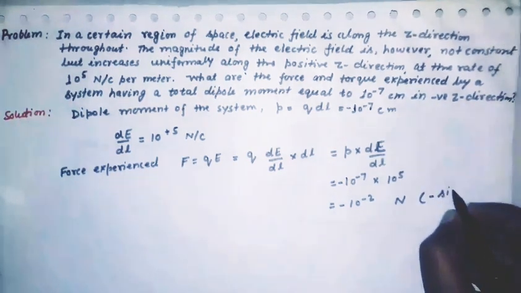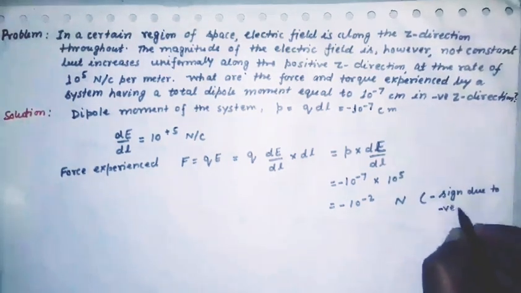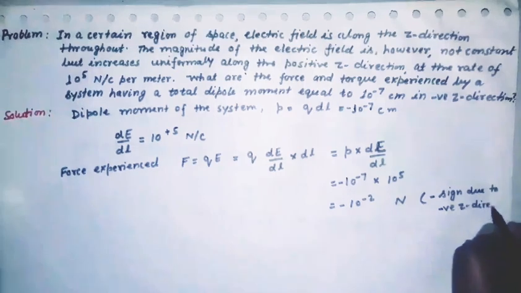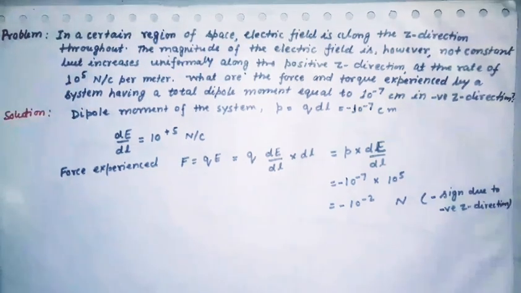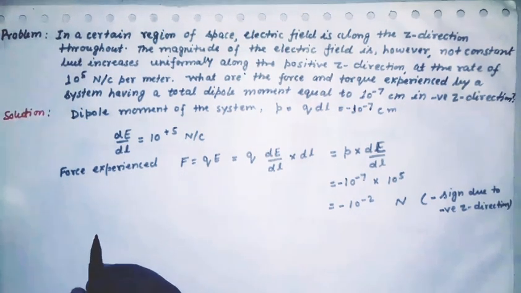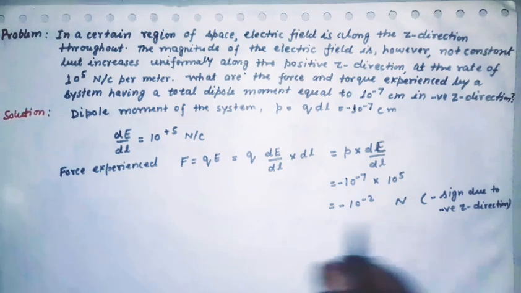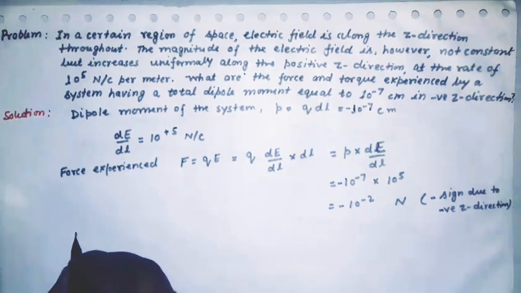The minus sign is due to the negative z direction. And if it is in negative z direction, then the angle between the electric field and dipole moment will be 180 degree.